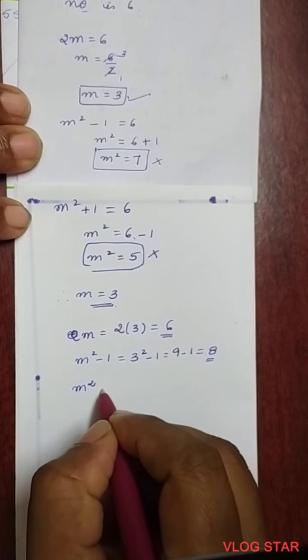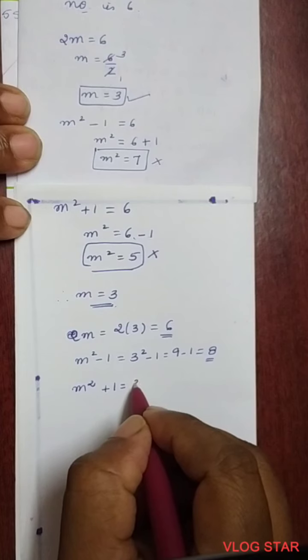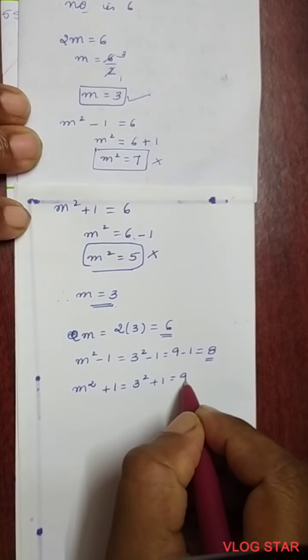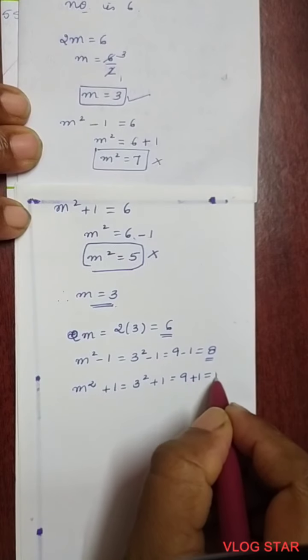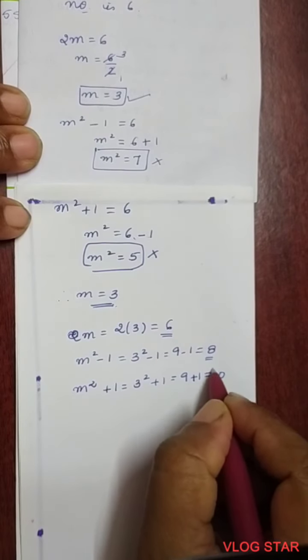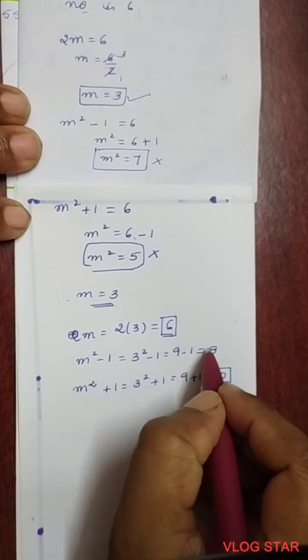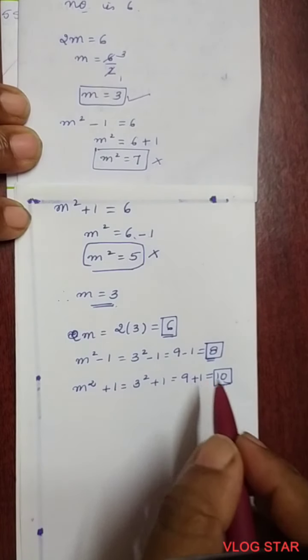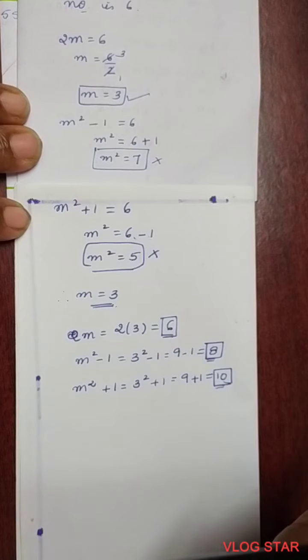Then m² + 1 equals 3² + 1, 3² is 9, plus 1 equals 10. So 6, 8 and 10 are the Pythagorean triplets.